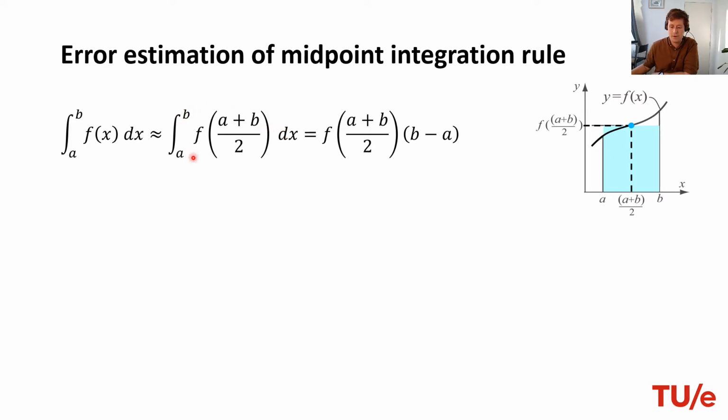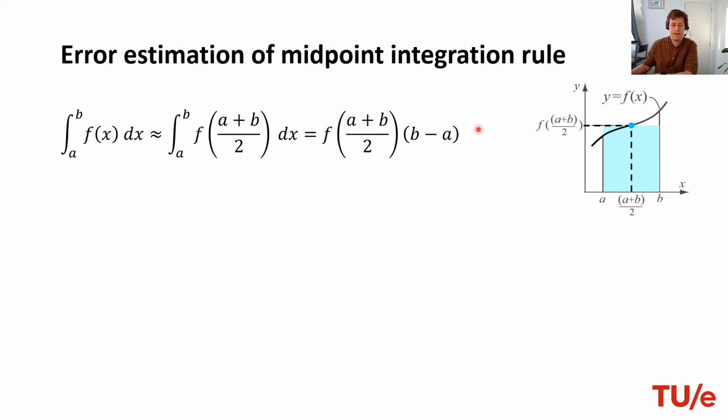This integral is very easy to evaluate: it corresponds to this constant function evaluation, which is the height of this rectangle, multiplied with the width of the integration interval, b minus a. So we have this blue area, the area of the blue rectangle, as the approximation of the area below the curve over here.